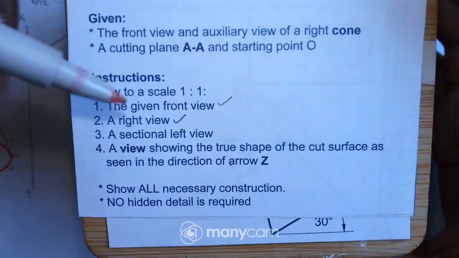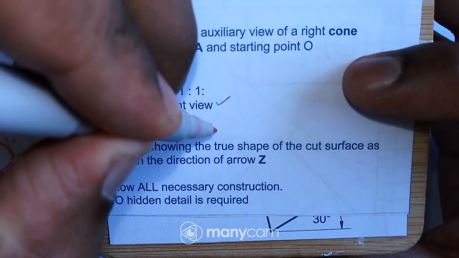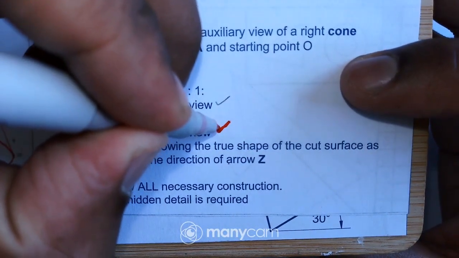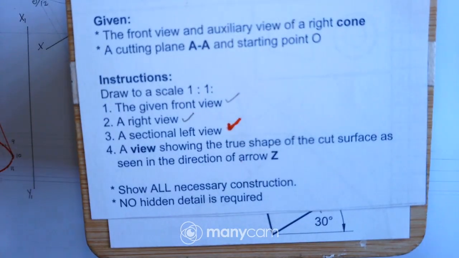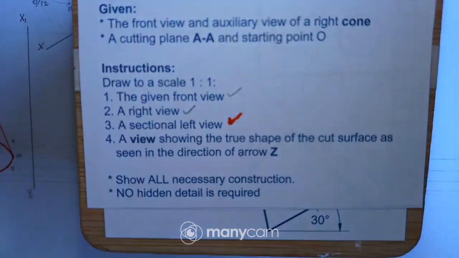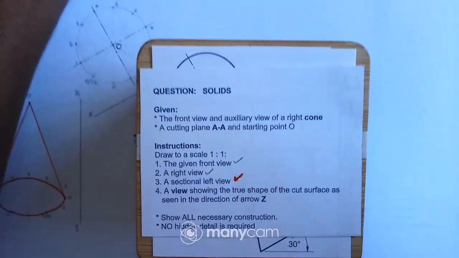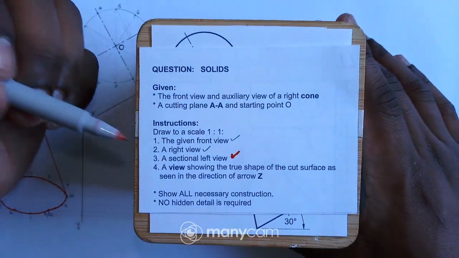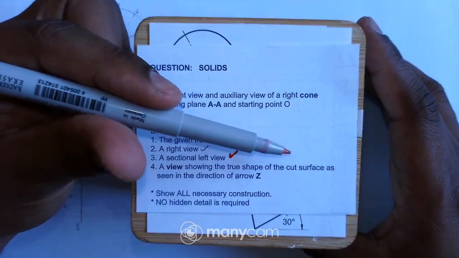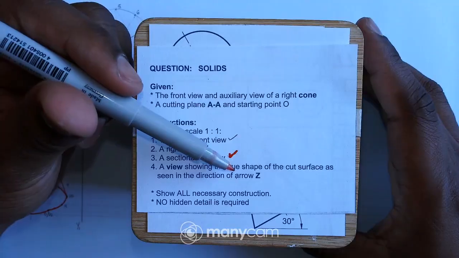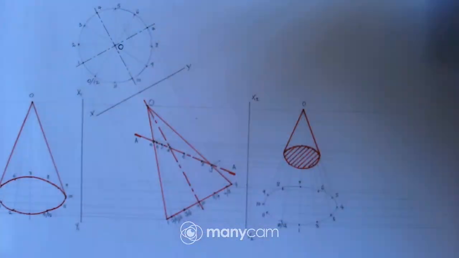So I can just mark that off. So now I have to draw. Let's just zoom out, just like that. Okay, so now I have to draw a view showing the true shape of the cut surface as seen in the direction of arrow Z.